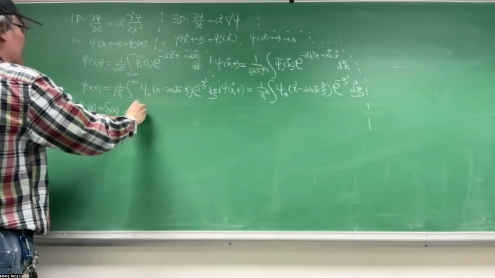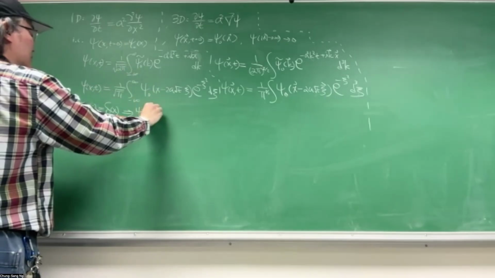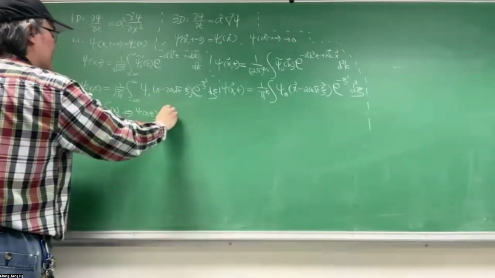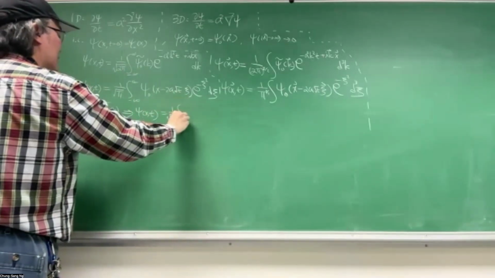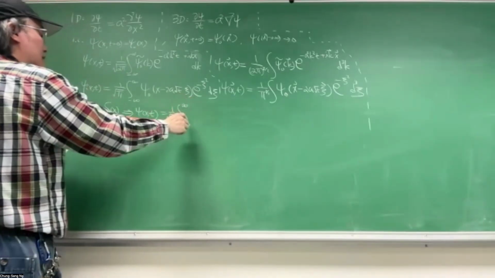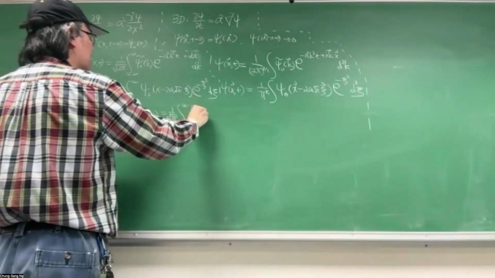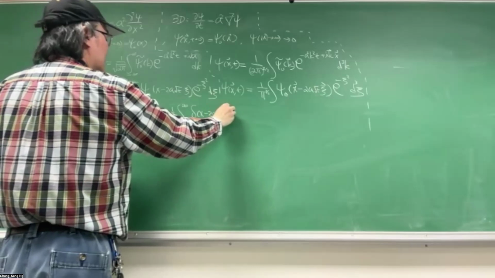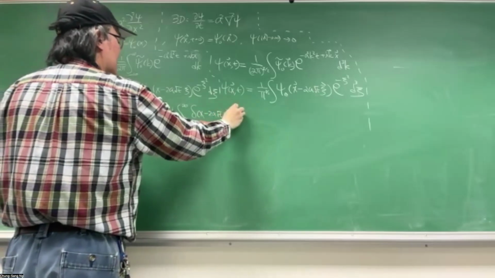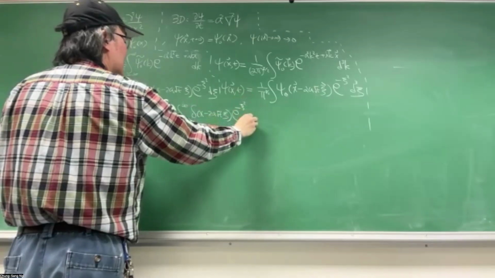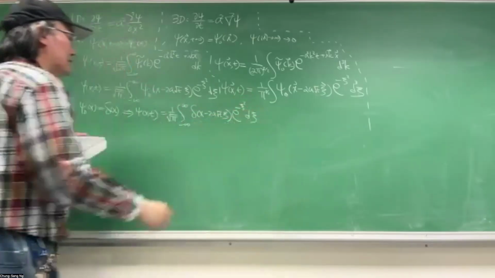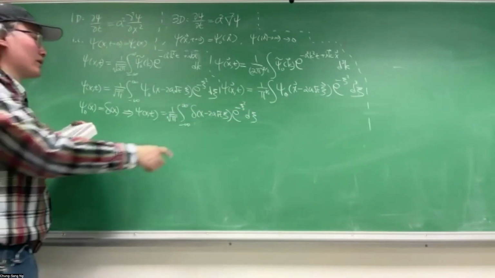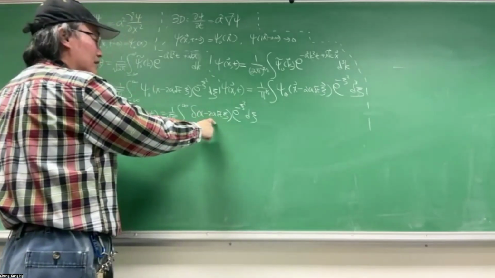So psi(x,t) would be 1 over square root of pi, and then this becomes the delta function of x minus 2a square root of t times xi, times e to the minus xi squared, integrated over xi. Then you can integrate that by using the delta function.